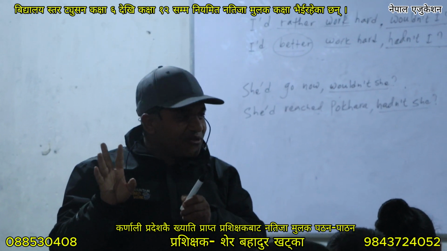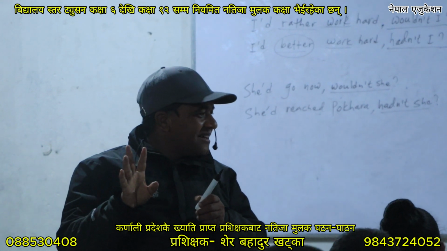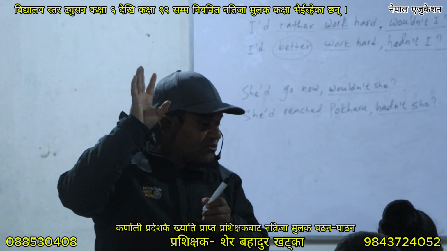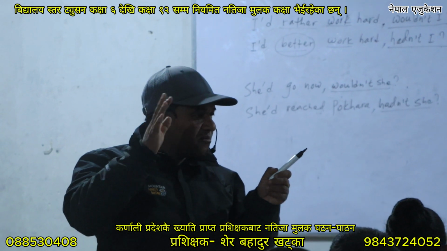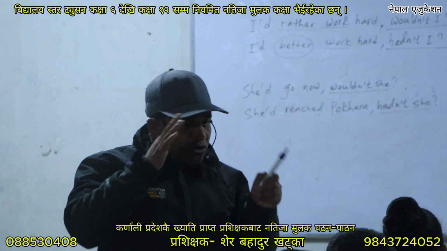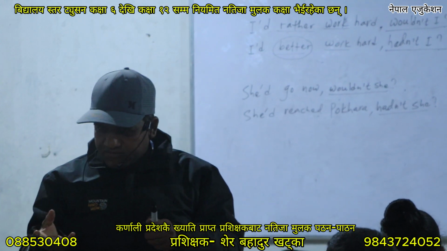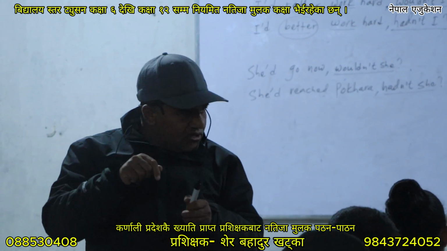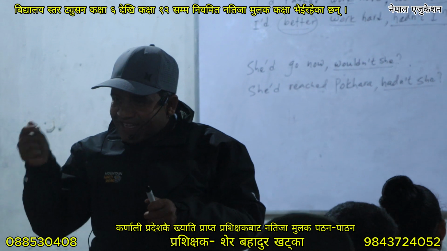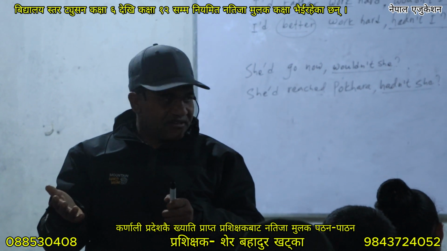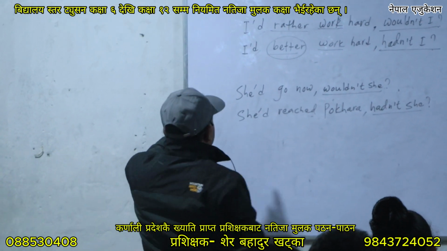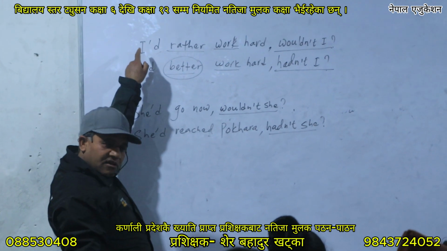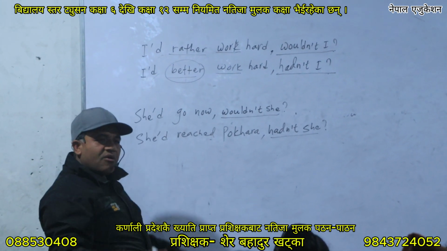And many times this question was asked. Had better, would rather. The use of rather is with would, the use of better is with had. That is a suggestion. And instead of I, there can be she, they, any pronoun or noun.